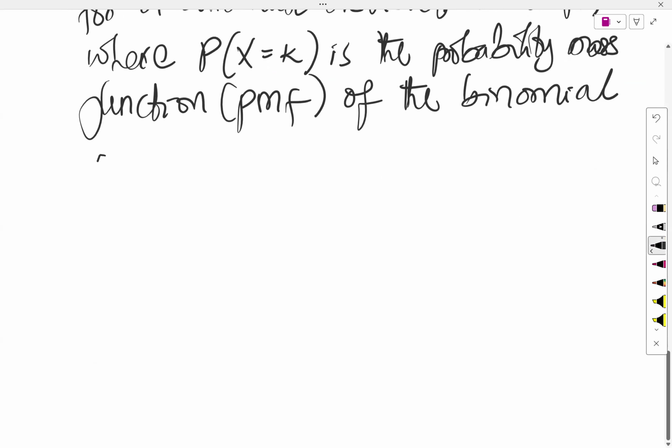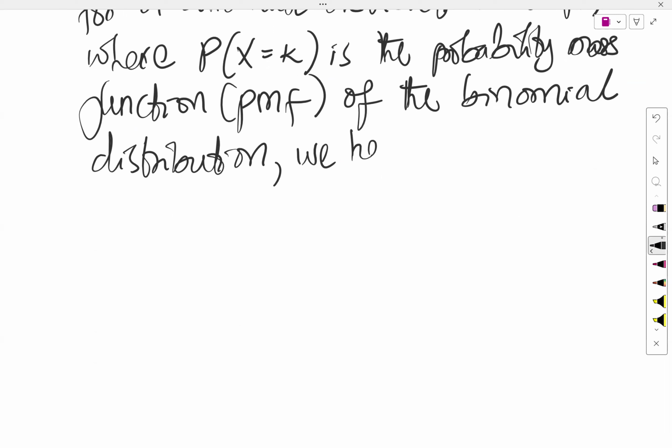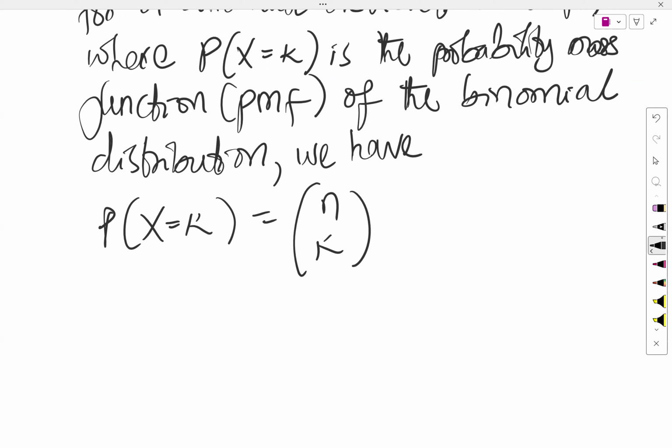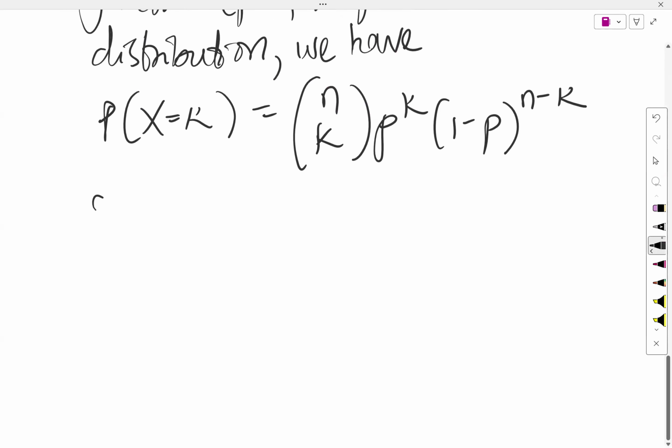We have that formula: the probability that X is equal to k is n combination k of p raised to power k, then 1 minus p raised to power n minus k.